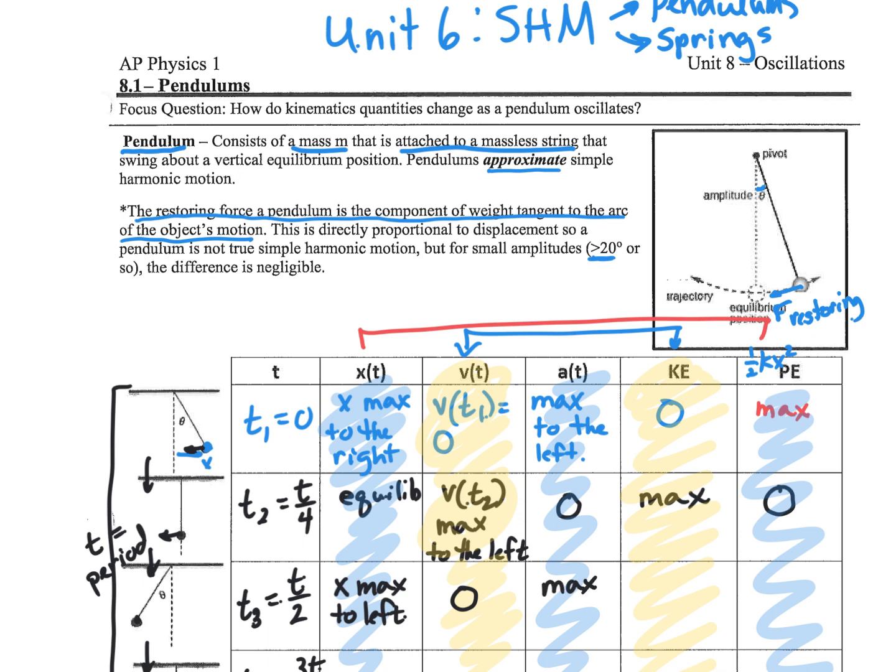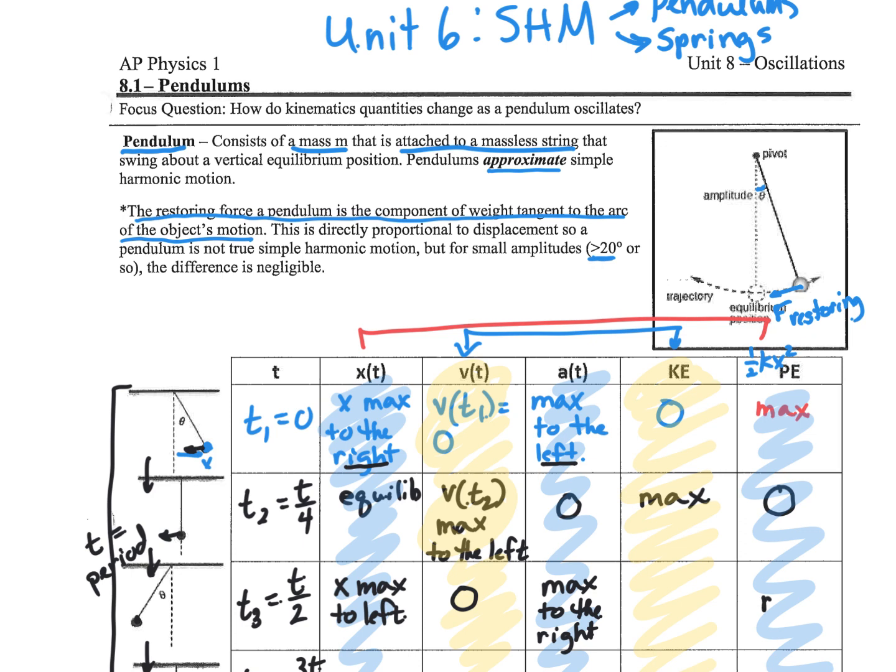To slow this thing down to a stop. Think about it. If this were to the right, then the acceleration would be to the left to slow it down and stop it. So if this thing is coming to a stop to the left, then the acceleration must be to the right. Okay? So this is max to the right. And we know the potential energy also must be a max.